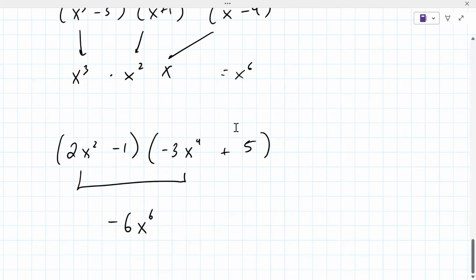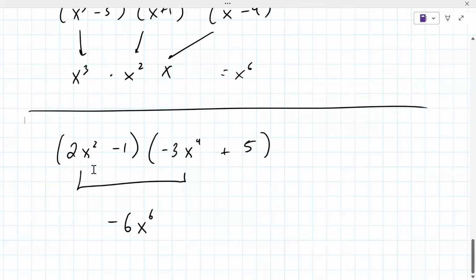You multiply the coefficients. So can you repeat that? Is that clear how I got that leading term? Yeah, I got it.